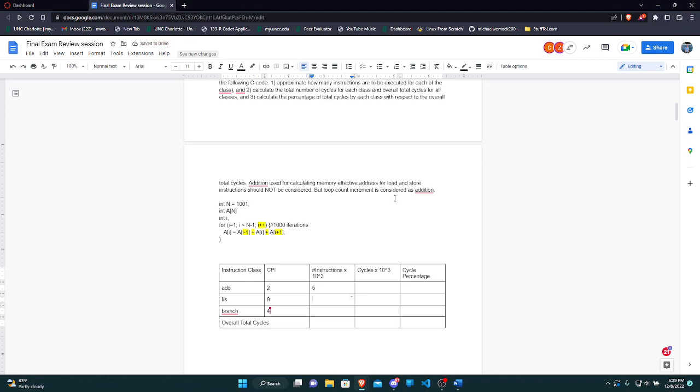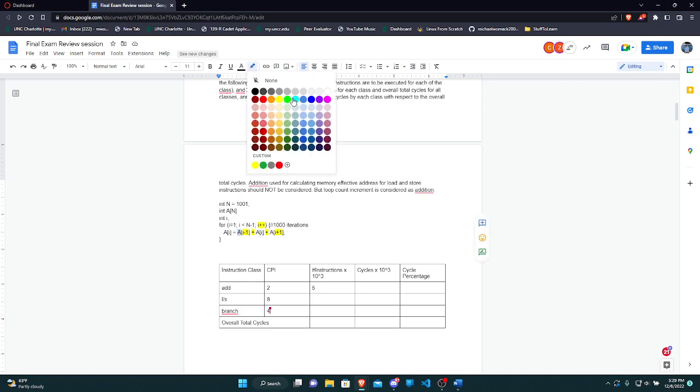Load store. We're not going to count these because these are very minuscule, even though you are loading a few things. So we have this as a load. Let's change this to blue. Load, load, and then one final load.